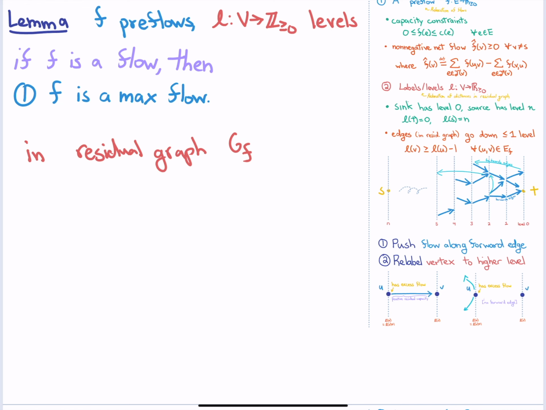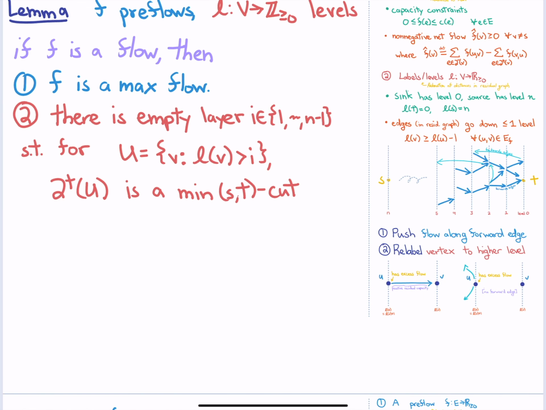All right, so the next claim is that not only do we have a max flow, but we have a cut induced by one of the empty layers. So first of all, if S is at layer n, sorry, and T is at layer 0, then there's just not enough vertices.